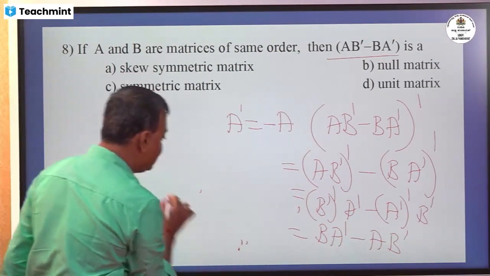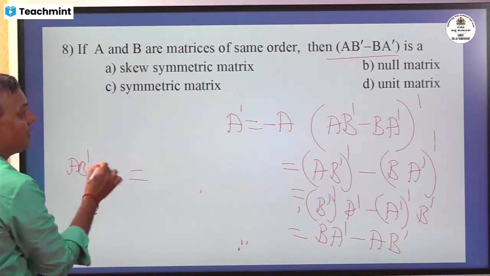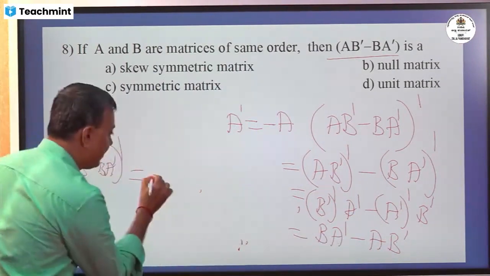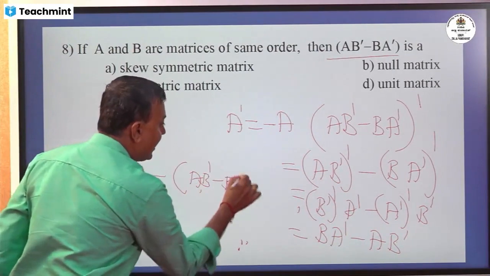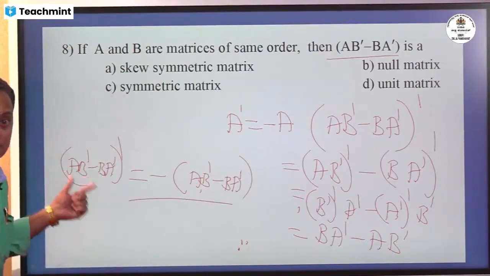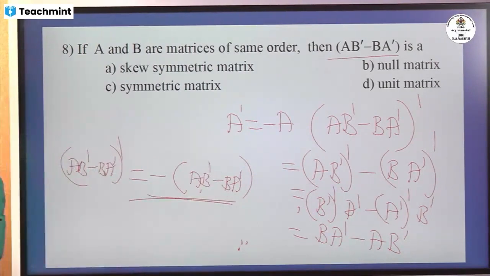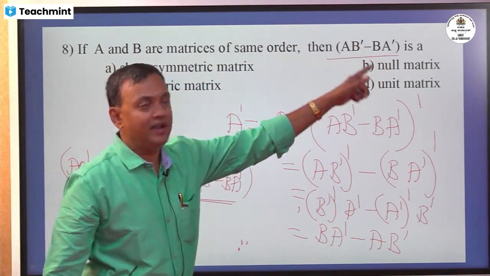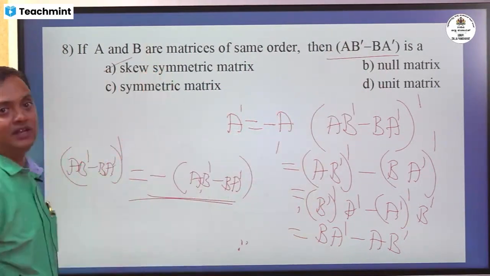So AB dash minus BA dash transpose is equal to, take minus, then AB dash minus BA dash. Here we get the transpose of this as minus of AB dash minus BA dash. Clearly this matrix AB dash minus BA dash is not symmetric, it is a skew symmetric matrix.